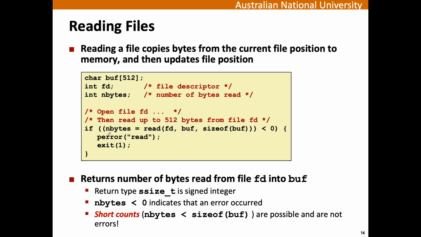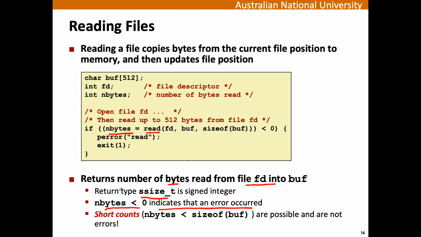And what is returned as the return value of the read system call is how many bytes are read from the file descriptor. ssize_t is the signed version of size_t, which you should have all used in the labs. A return value less than 0 indicates an error, and you need to check for the error.